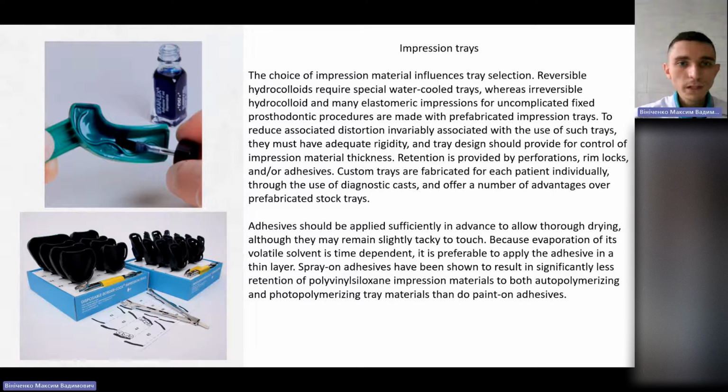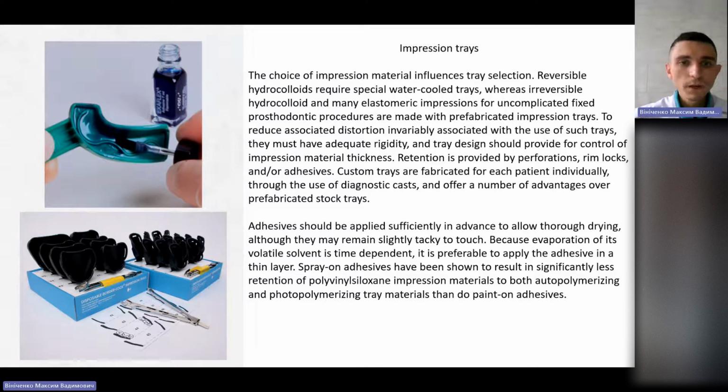Custom trays are fabricated for each patient individually through the use of diagnostic casts. First of all, we make an impression with alginate, then we make a diagnostic cast, and after that we can make a custom tray. Adhesive should be applied sufficiently in advance to allow thorough drying, although it may remain slightly tacky to touch, because evaporation of its volatile solvent is time dependent.